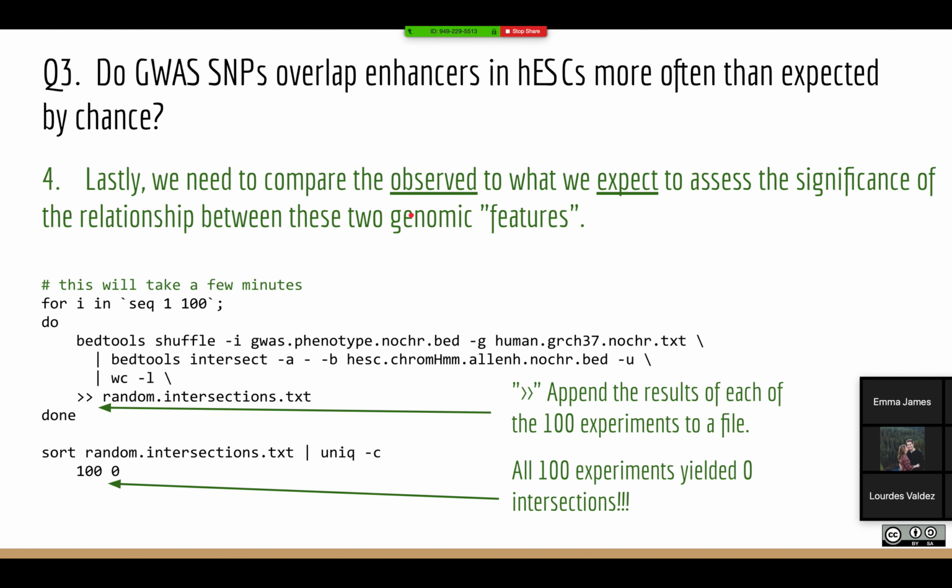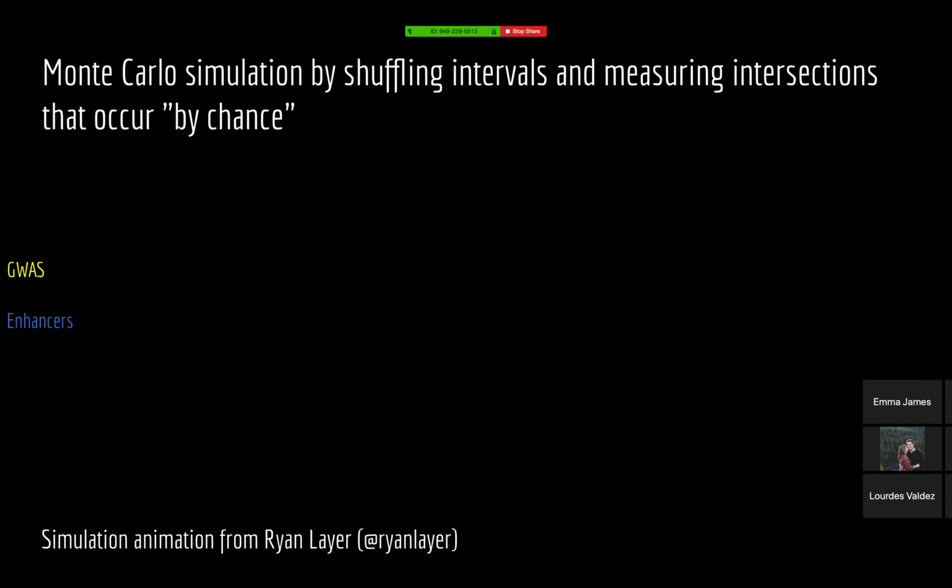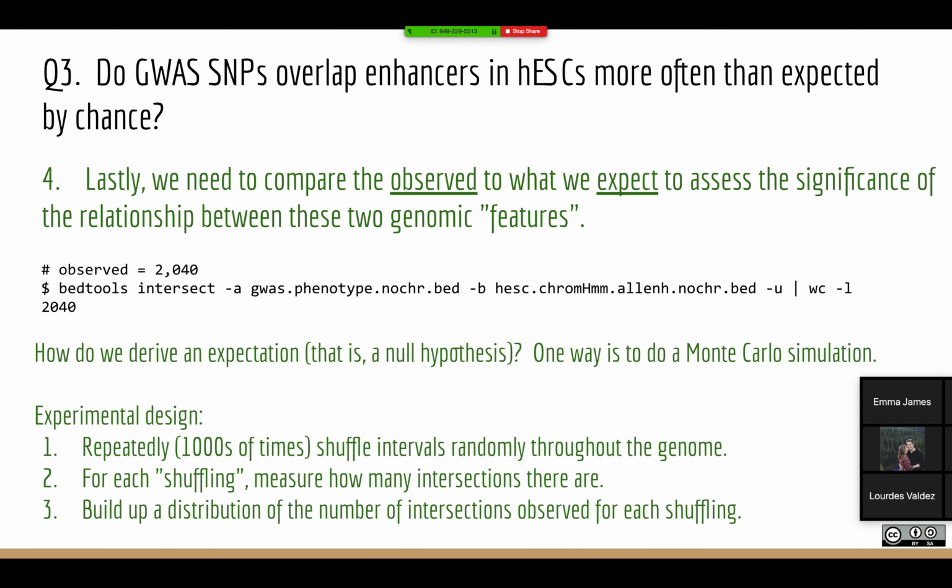Okay, so moving on. Actually, that's what I was about to say here. The empirical p-value: when I shuffle the locations of the SNPs 100 times, every value in this random intersections file is 0. There's never an intersection. So that means that my observation of 2040 is, with some caveats that I'll mention in a second, potentially super interesting.